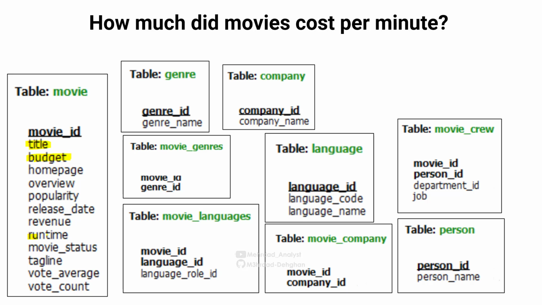We need the runtime because it's about the duration, because it's about the minutes. And after that, we should create a mathematical function between budget and runtime. So it is just 3 entity types that we need, and let's run it in MySQL and write a query.